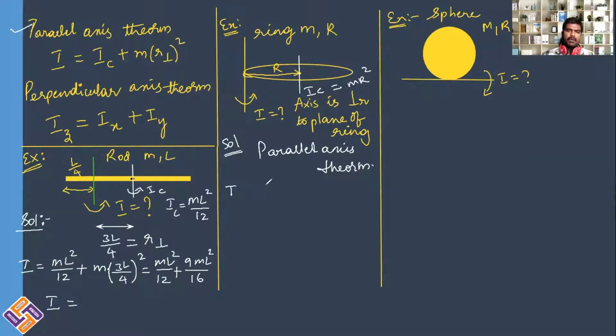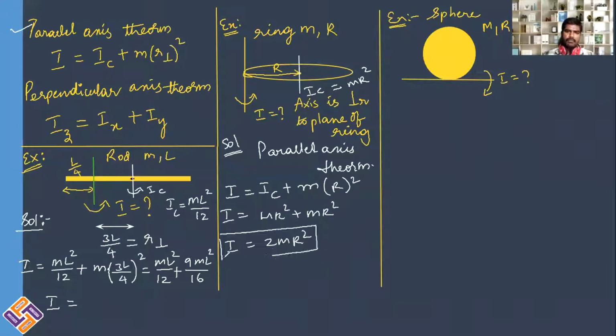I is equal to IC plus the total mass of the ring, m, times the separation between the two axes, r, whole square. So I will be equal to MR square plus MR square, which is equal to 2MR square. This is the moment of inertia with respect to an axis at one end of the ring.